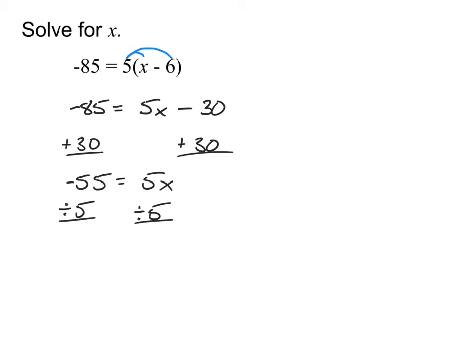Negative 55 divided by 5, well, it's a negative divided by a positive, which is a negative. And 55 divided by 5 is 11. And then 5x divided by 5, the 5's cancel each other out, and all we're left with is x. Which, now that we have x by itself, means that I have my solution. I know that x equals negative 11.